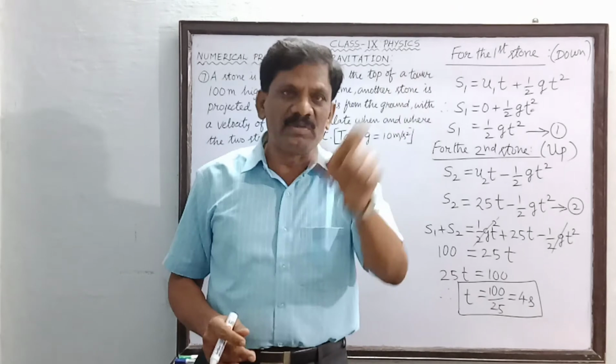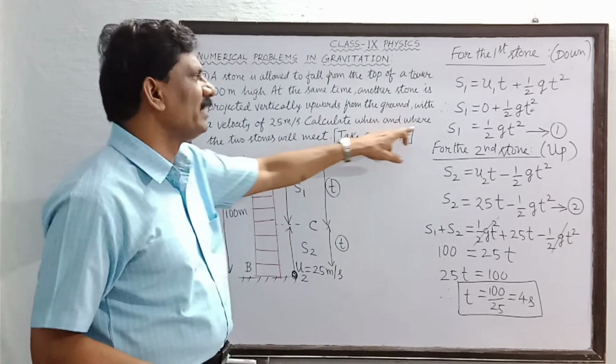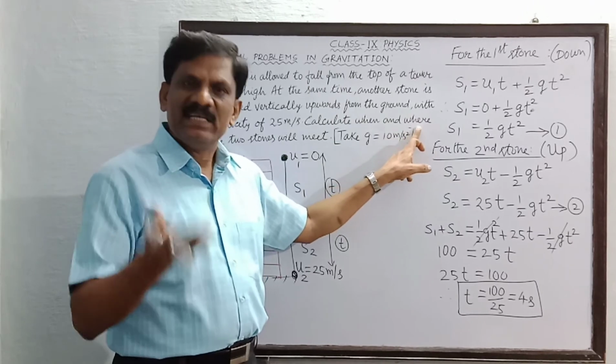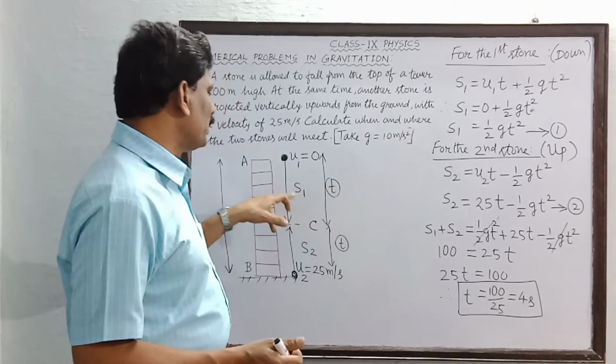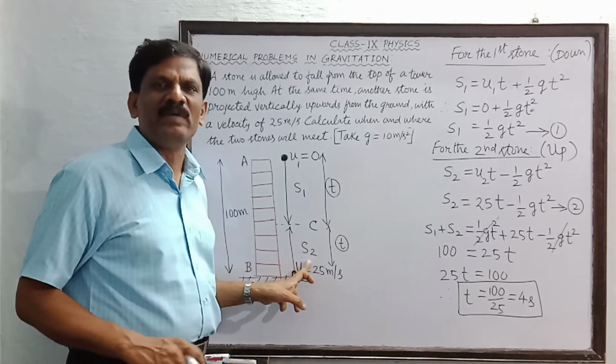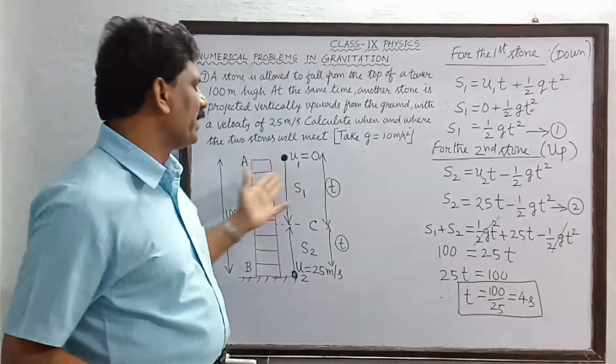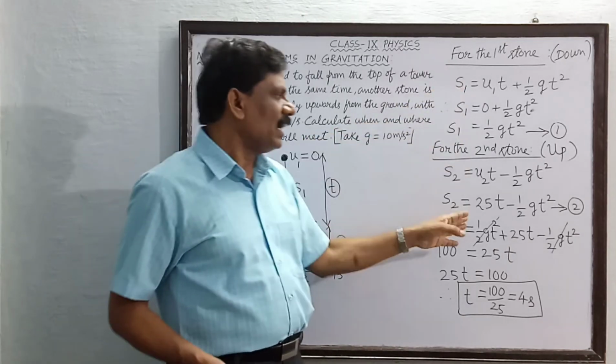So according to the question we have to select the distance. But here they have not specified where they will meet. It is our choice. They will meet at a distance of S1 meter from the top of the tower, or they will meet at a distance of S2 meter from the bottom of the tower. So any one equation you can use, either S1 or S2.